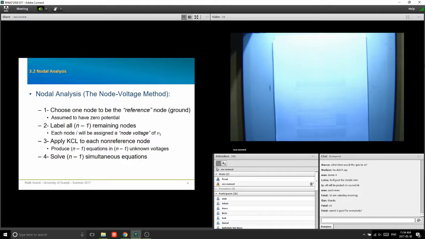You're looking at your circuit. You're going to locate all the nodes in your circuit. One of those nodes you're going to select as the reference node. You're going to label all the remaining nodes, 1, 2, 3, whatever, with voltages V1, V2, V3, and so forth. You're going to write a KCL to each one of these in terms of those voltages, right?